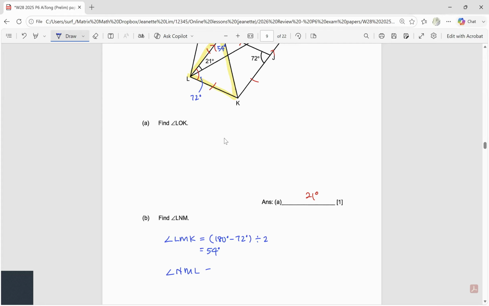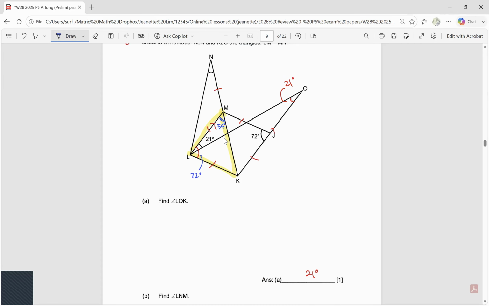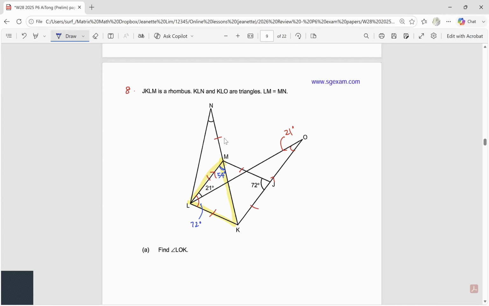Then next, find this NML in the next isosceles triangle. NML. So on the straight line, 180 minus 54, 126. So this over here is 126.